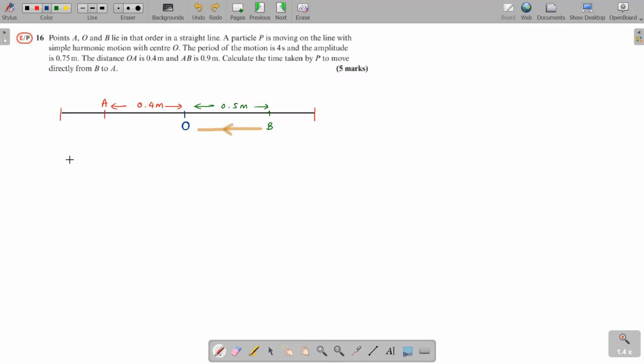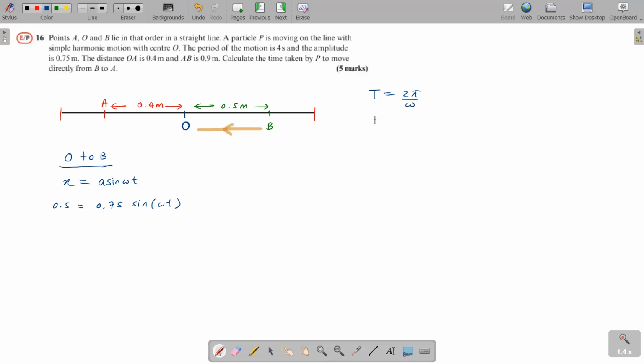So we'll get the O to B time using x equals A sin omega t. O to B and B to O are the same. So x is 0.5, amplitude is 0.75, into sin omega t. Actually, omega should be found first. T equals 2 pi over omega.